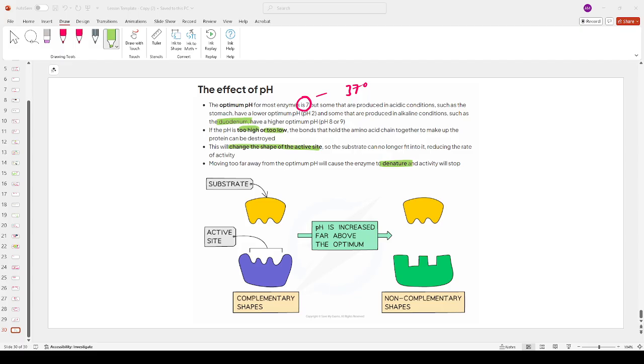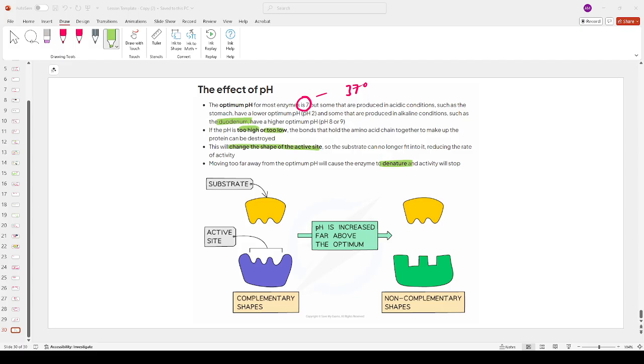If all your enzymes denature, you'll have to wait a long time till they all reproduce. Because your cells will have to get their ribosomes working, and the ribosomes will make you new ones.